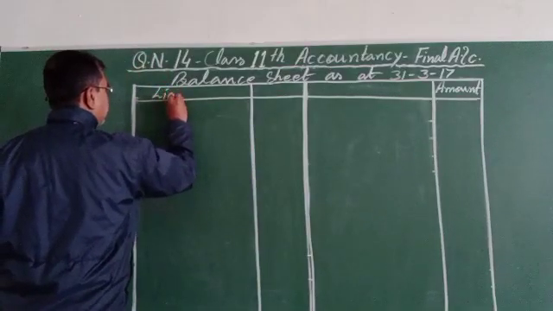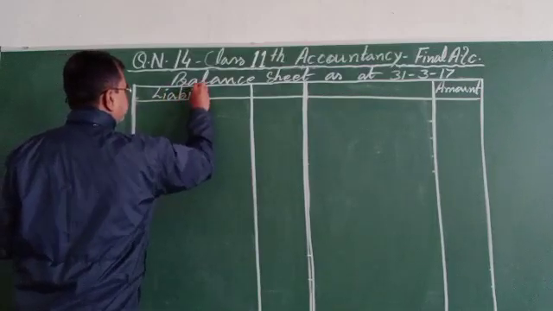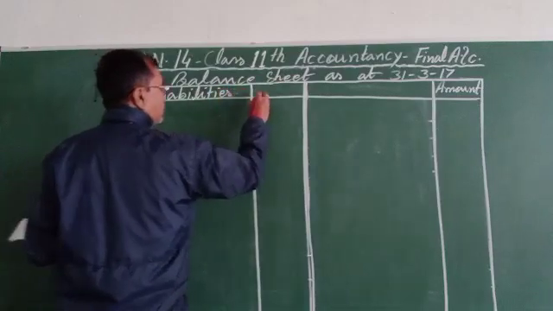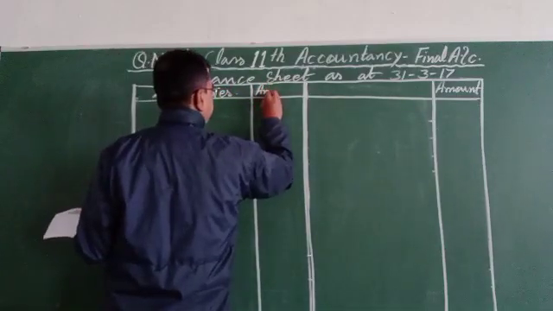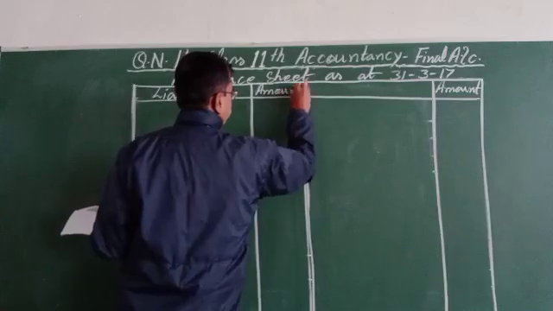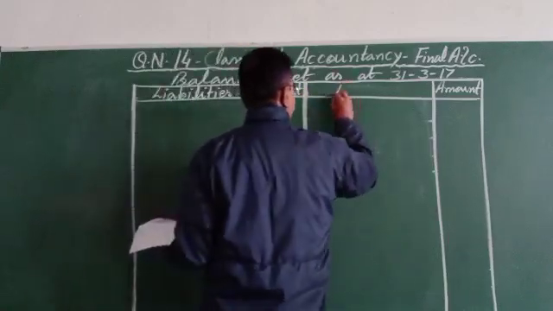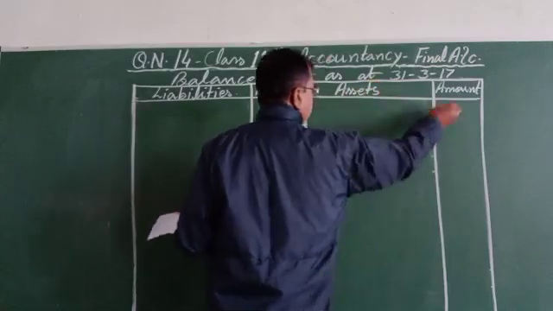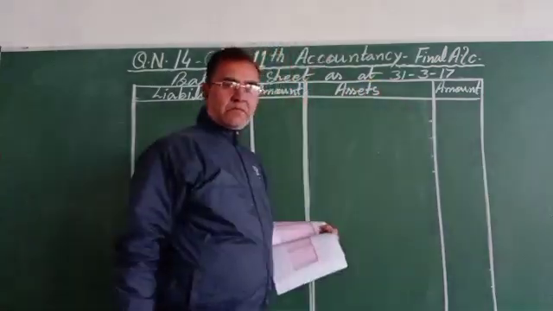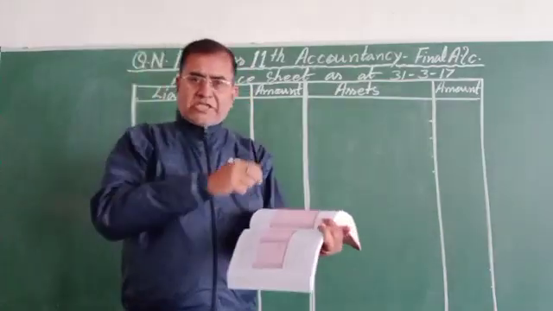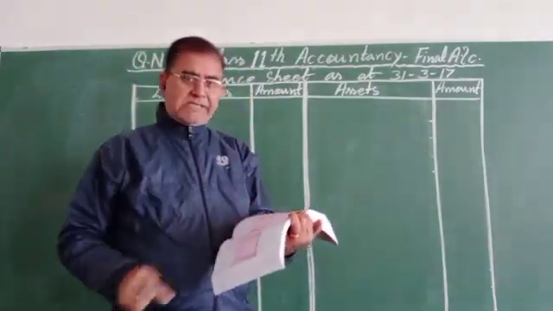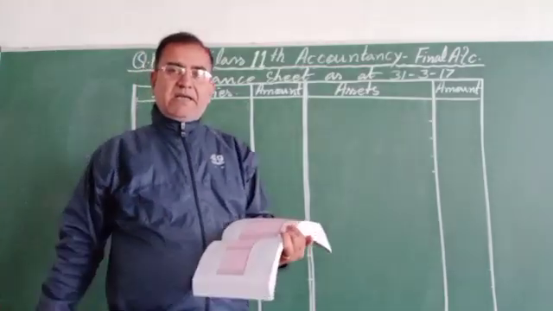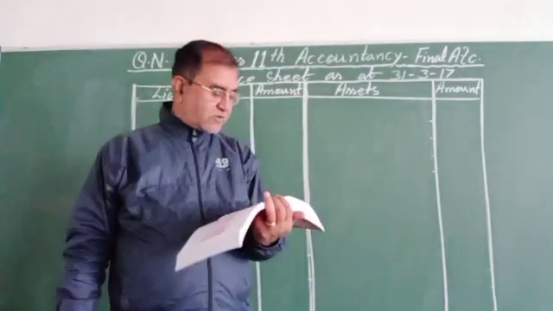Liabilities, amount, assets, and then amount. Go through the question and the information given. It is a very long question, and we have to adjust the additional information also.